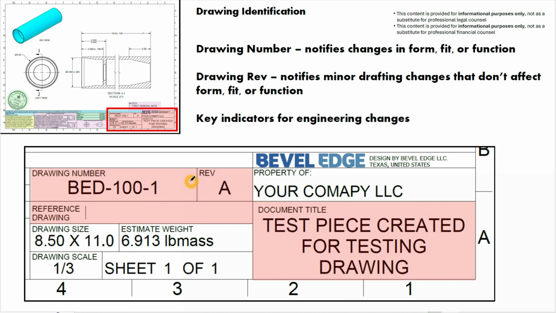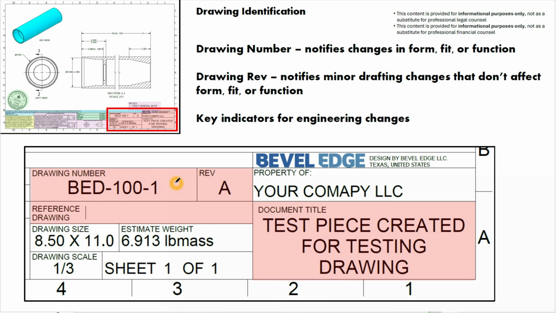Maybe parts look similar physically in the real world, but there are technical details that make them separate. For example, maybe it's the same part but for the left side compared to the right side, and they would have separate drawing numbers to help identify the differences between these.